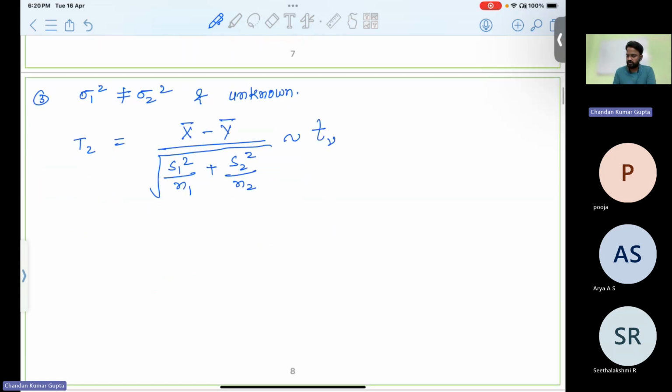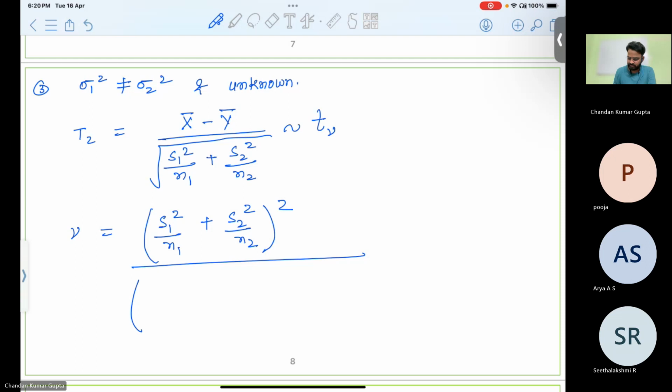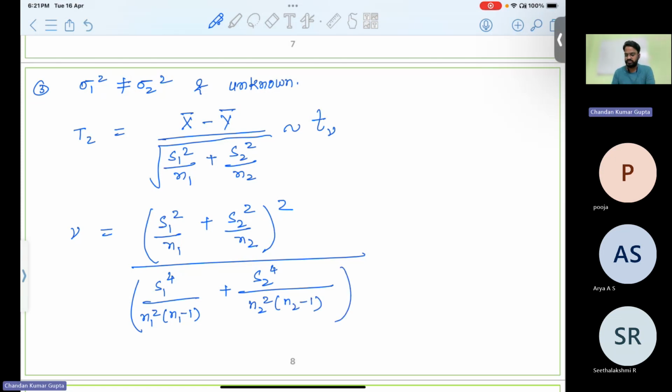Nu is calculated as S1 square upon N1 plus S2 square upon N2, whole squared, divided by S1 to the power 4 upon N1 square times N1 minus 1, plus S2 to the power 4 upon N2 square times N2 minus 1, taken to the nearest integer.